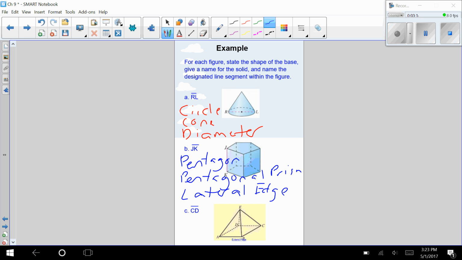All right, and for letter C down here, the base is a rectangle. So it is a rectangular pyramid. And CD is a base edge because it's formed using the base.